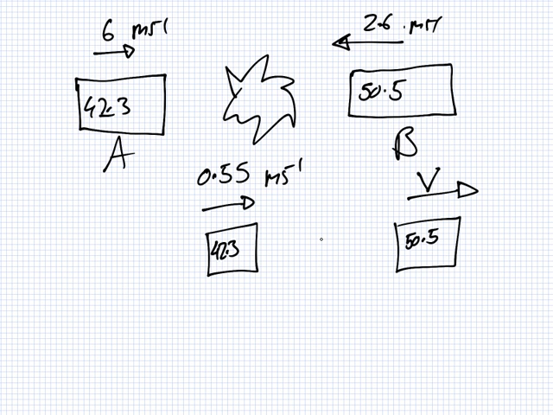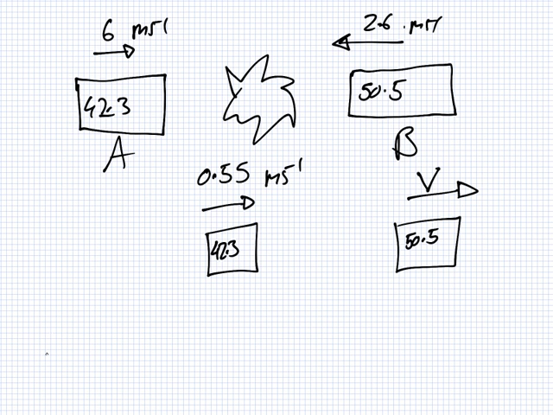What did you get? 7.2. You got the same answer as Yusuf. Yusuf, please tell Fuan what mistakes you made and she made. The change, the speed, make it a minus or a plus. Which speed? 2.6. Why is 2.6 minus? Because they're in opposite directions.